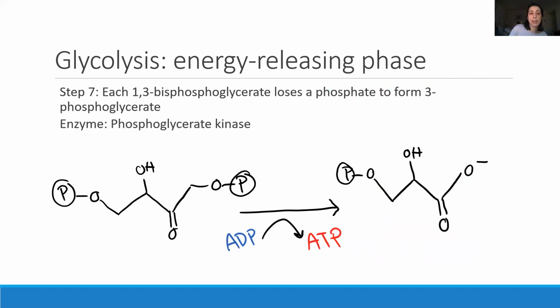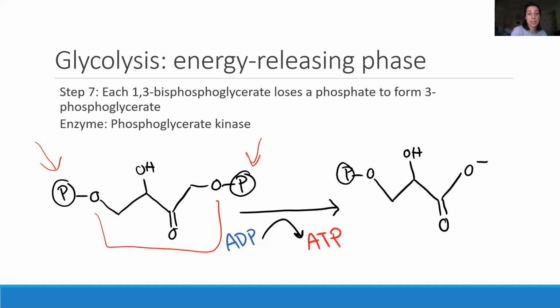Okay, so let's look at step 7. We have now made 2 of our 1,3-bisphosphoglycerates. This is a GAP molecule that has been phosphorylated on each side, right? Called 1,3-bisphosphoglycerate.